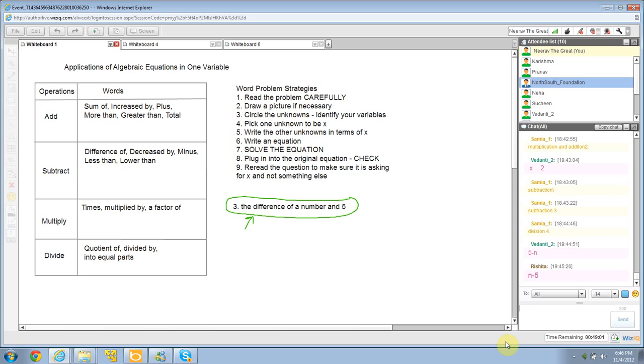So, 3 times a number decreased by 4. Don't type into the chat box. Okay, I'm glad you guys are liking it. And then I'll send out the poll in a sec.